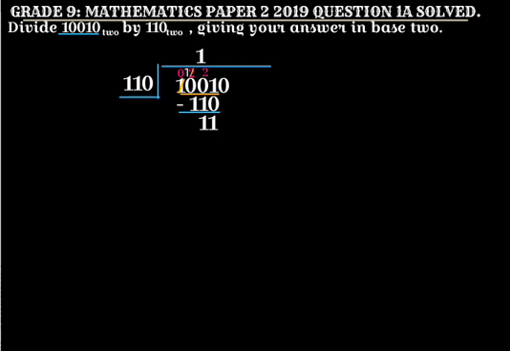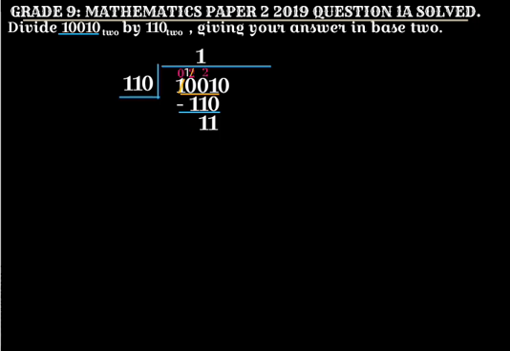So 0 minus 0 is 0. Zeros on the left side of the number are insignificant, so even if we don't write them, it means the same. That means we have got 11. If they were on the right side, we could have written them, but since they are on the left side, we are not going to write them.